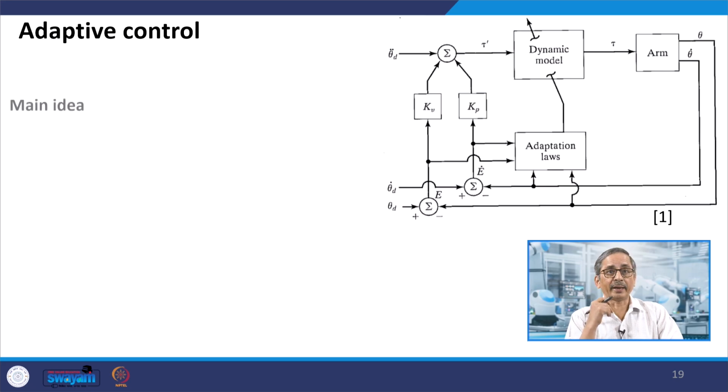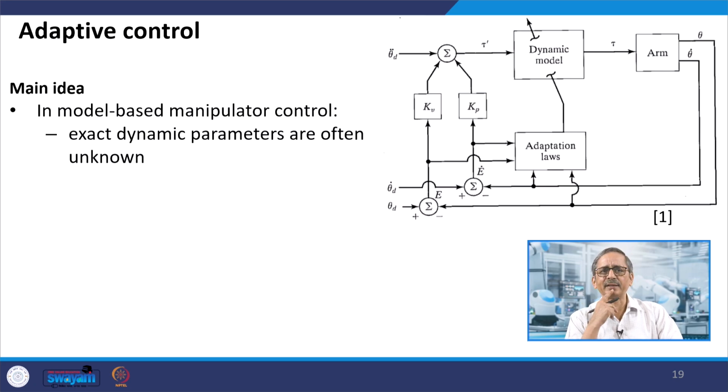Next, let us look at another interesting type of control problem, and that is what we call adaptive control. Here the main idea is that in model based manipulator control, we needed the exact evaluation of the parameters M, V, G. So, you need to have the exact dynamic parameters, and that is often unknown. That is one of the greatest challenges of model based control.